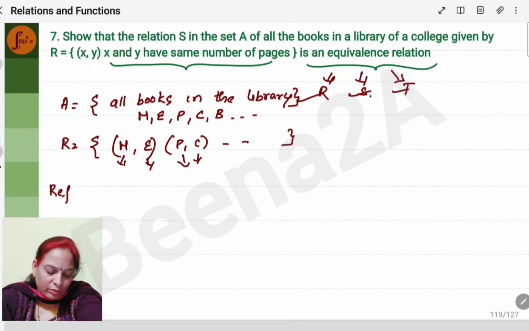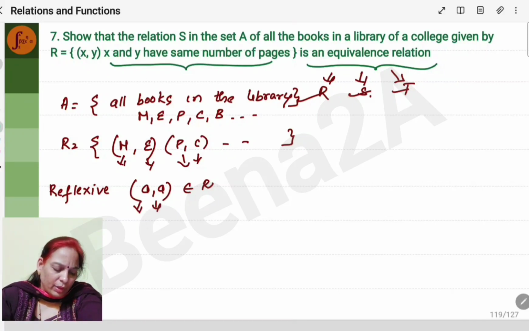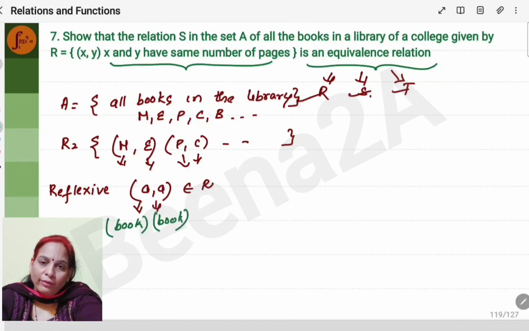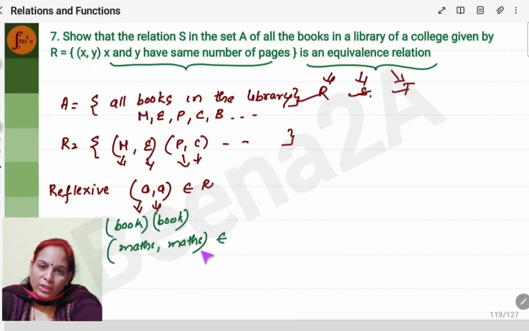Now we'll check if it is reflexive. For reflexive, we should have A comma A belonging to R. A is a book here, and both should have the same number of pages. There could be 2 maths books, so obviously the pages are going to be the same for both. If I take maths comma maths, both will have the same number of pages, since it is the same book, just another copy.